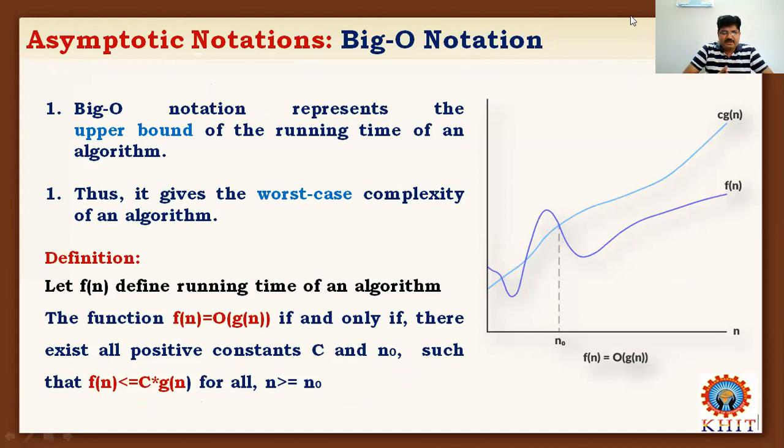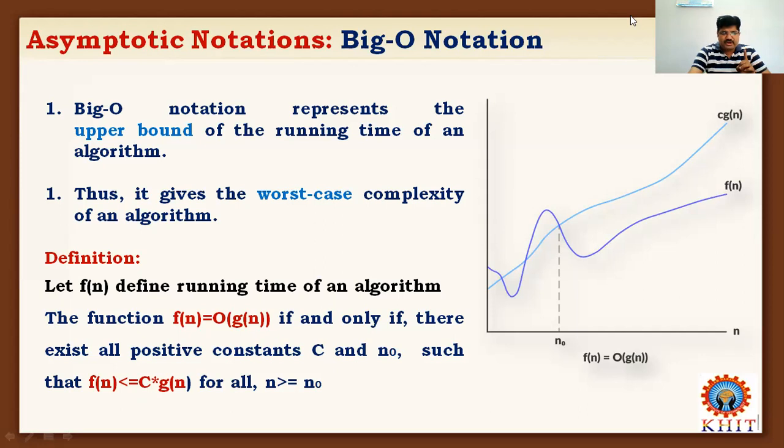So what is meant by Big O notation? Students, remember that the definition is very important here. In examinations, you need to write the definition without any mistakes: what is big O, what is omega, and what is theta. Big O notation is the first notation in asymptotic notation.